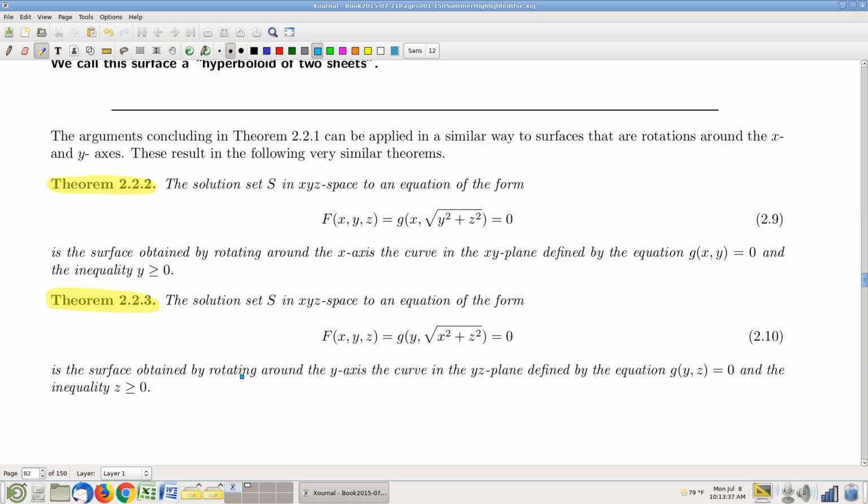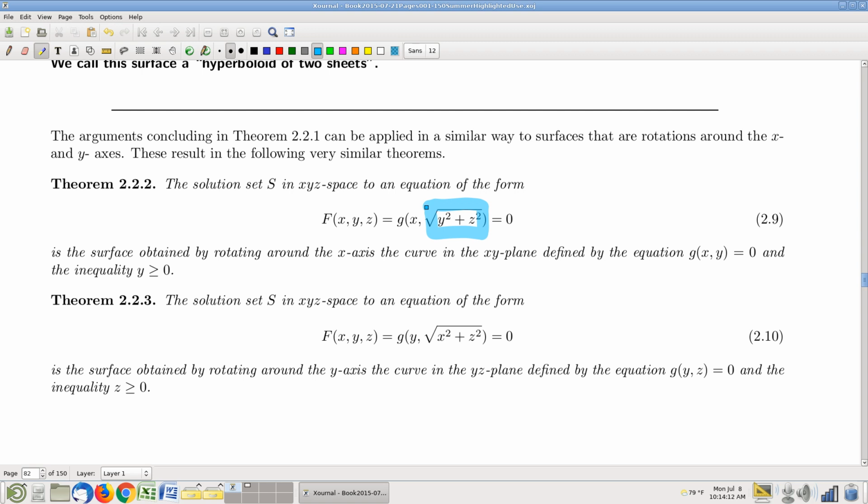Okay. Here are some related results. Let's suppose that instead of x and y appearing only in the special form, suppose that y and z appear only in the special form. Analogous argument. I'm going to leave this as an exercise for you all to do. This would be a healthy and productive exercise. Think through all the details. Square root of y squared plus z squared is distance to the x-axis. This surface is going to be rotationally symmetric around the x-axis, which means now pick a half plane hinged on the x-axis.